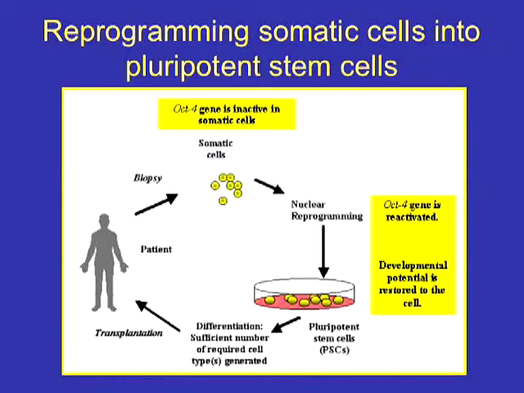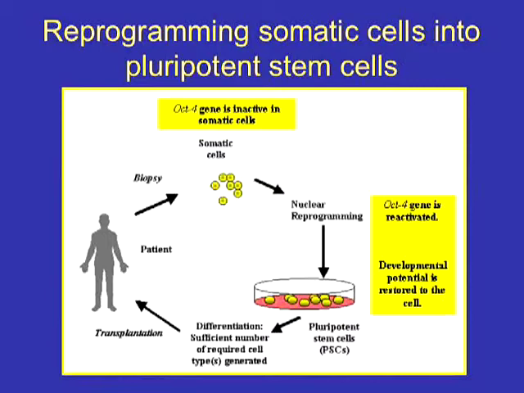But by taking a small number of somatic cells and reprogramming them back to this pluripotent stem cell-like state, we can expand them, and then if we had the necessary information, we could direct differentiation into a specific cell type that the patient requires. And then we could introduce those back into the patient, at least in theory, and because they're originating from the patient, you'd avoid various immunorejection problems.